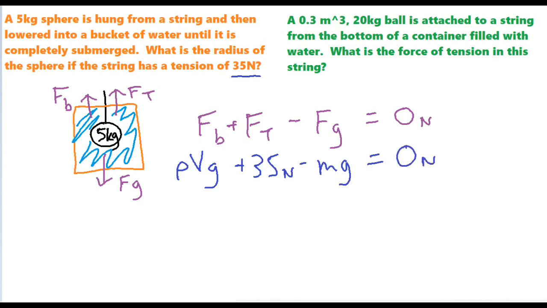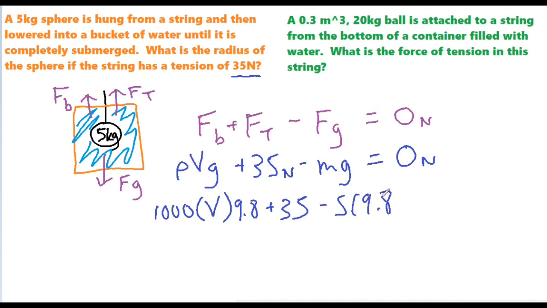So from there, let's go ahead and plug in some values. We know the value of rho, the density of water, is always 1,000 kilograms per meter cubed. For the volume of the sphere, that's unknown. We have a constant g value of 9.8, plus 35 minus 5 times 9.8.